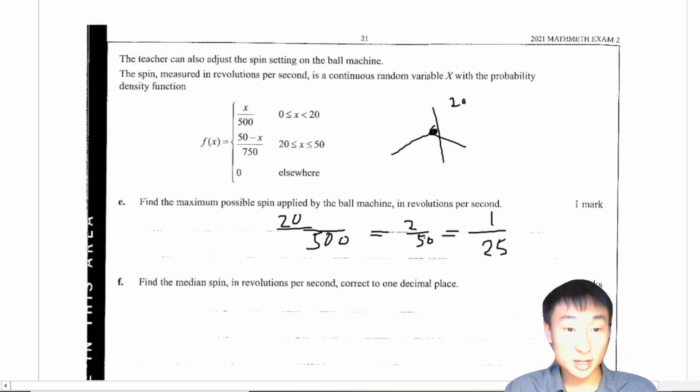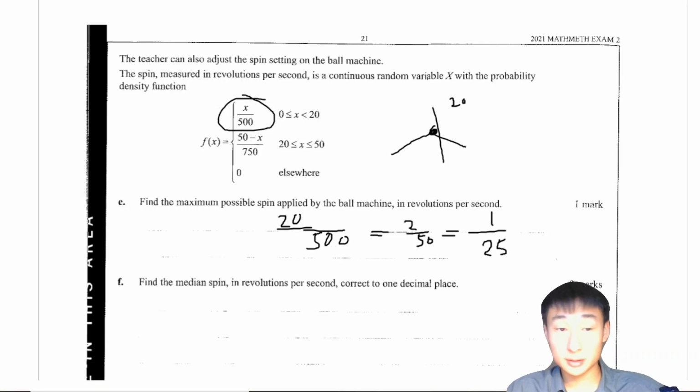Find the median spin in revolutions per second, correct to 1 decimal place. Okay, so the area under here looks like it's 20 times 20 over 500, 10 times 20 over 500, 200 over 5, 0.4.